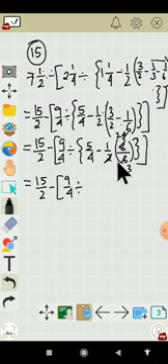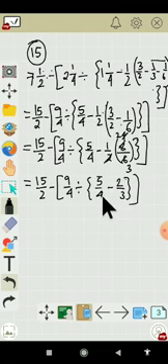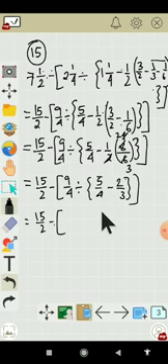So after cancellation, 2 4s are 8, and 2 2s are 4, 2 3s are 6. So we got here 5 by 4 minus 2 by 3. Now we have to subtract these two fractions. So how to subtract? Do the LCM first. 4 of 3.